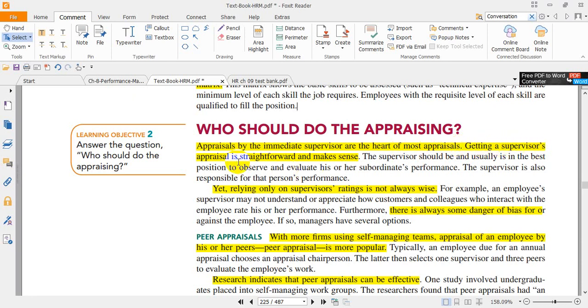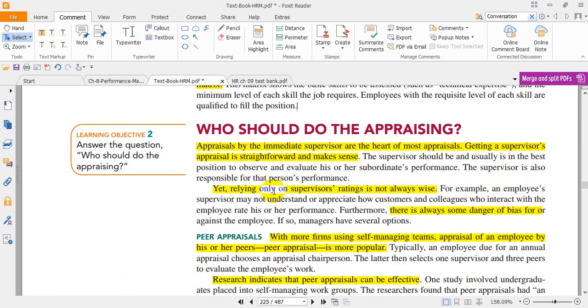Getting a supervisor's appraisal is straightforward and makes sense. The supervisor should be, and usually is, in the best position to observe and evaluate his or her subordinate's performance. The supervisor is also responsible for the person's performance.